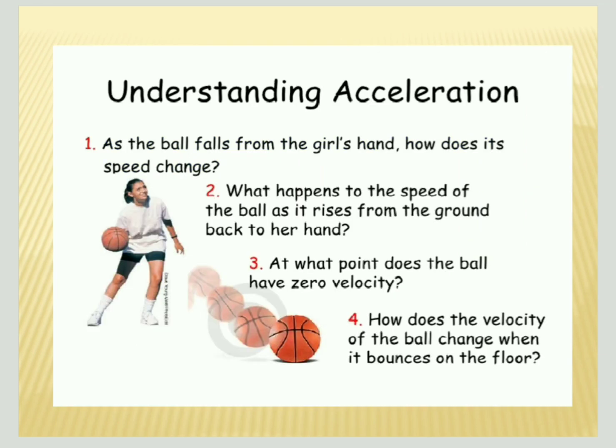Now, understanding acceleration. This girl is playing basketball, and as the ball falls from the girl's hand, how does its speed change? You can see it bounces four times, so its speed changes from high to low. Then what happens to the speed of the ball as it rises from the ground back to her hand?